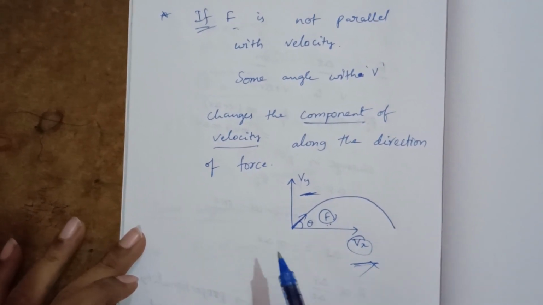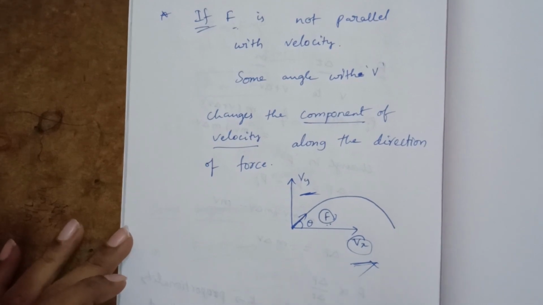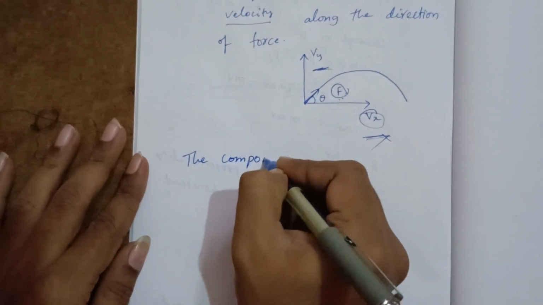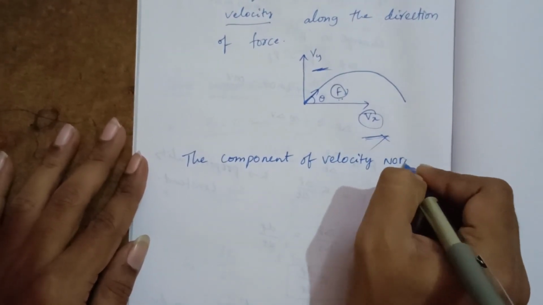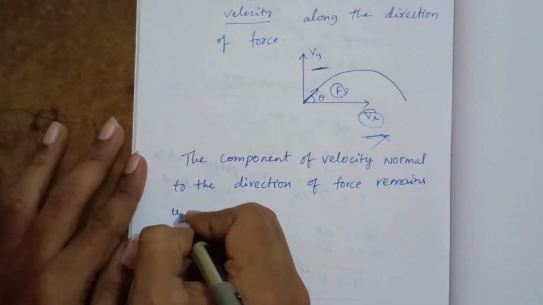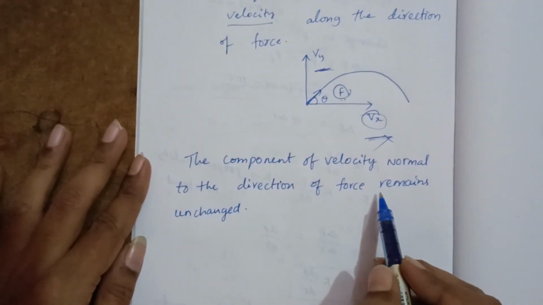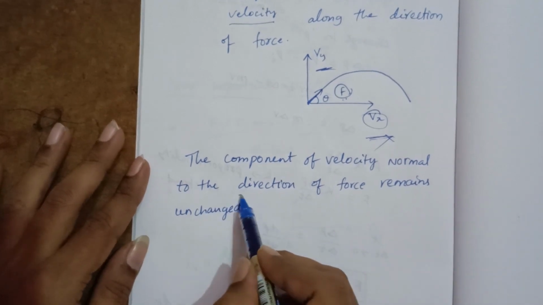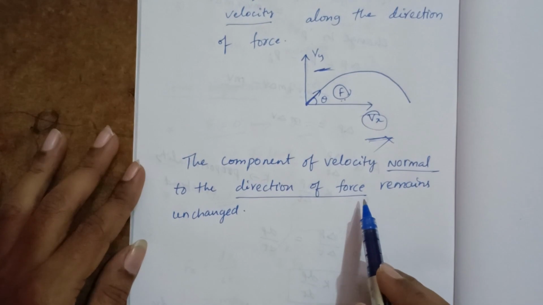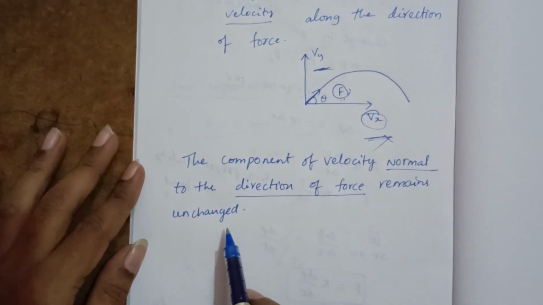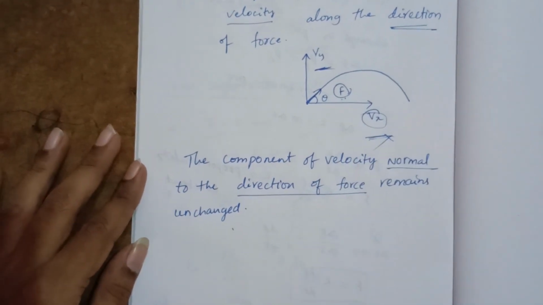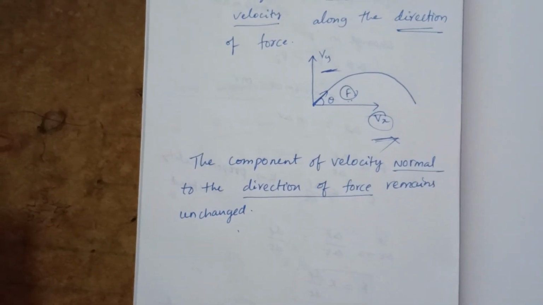So we can say the component of velocity normal to the direction of force, meaning perpendicular to the direction of force, remains unchanged. The component in the direction of force will change.